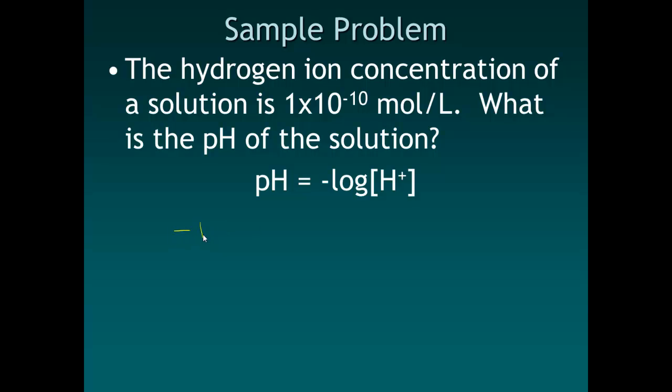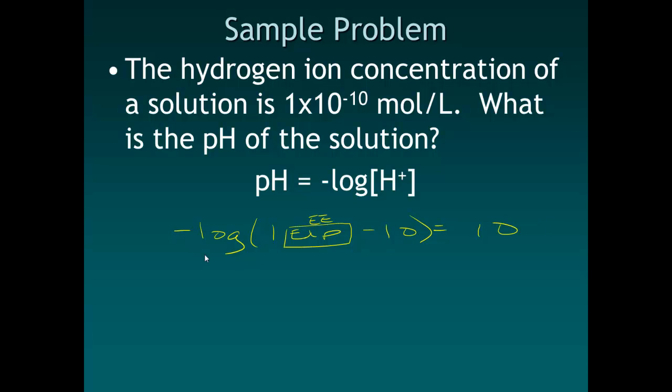If you've got a big Texas Instruments with a screen, you want to do negative log 1 and then your exponent key, which on the big TIs is usually the EE, and then negative 10. That should get you 10 as your answer.